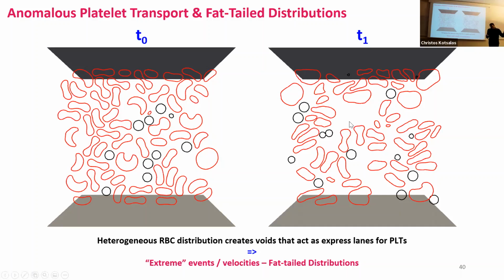What some researchers said before us is that these voids can be used as express lanes for platelets. So platelets can move faster in these voids, and they can produce these extreme velocities, which essentially result in this Levy flight physics.